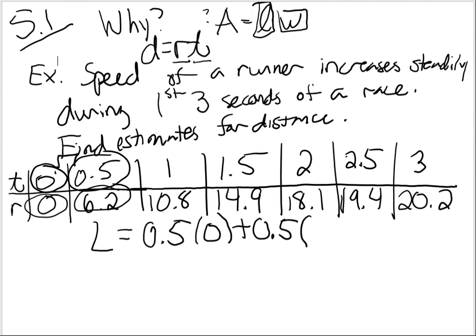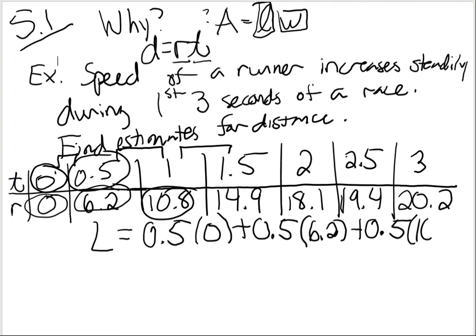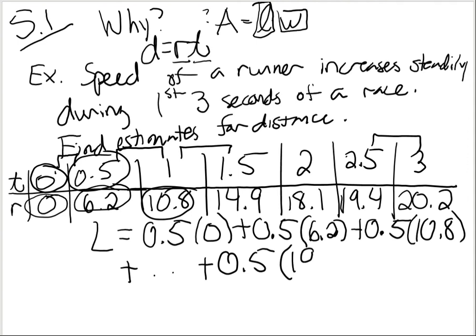And then we go down the line. Our next two are 0.5 and 1. So we look at the lower, that's 6.2. And then 0.5. Between these two, we would look at 10.8. And you continue this all the way to the last one. And it gives you 19.4.